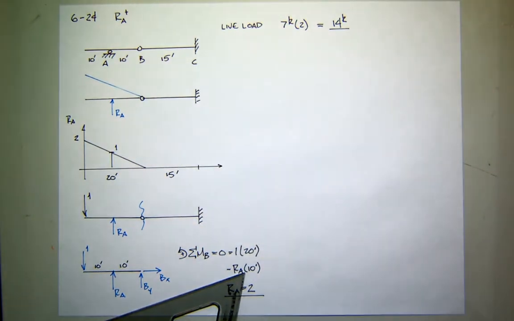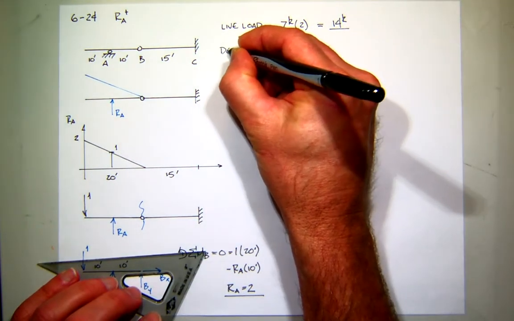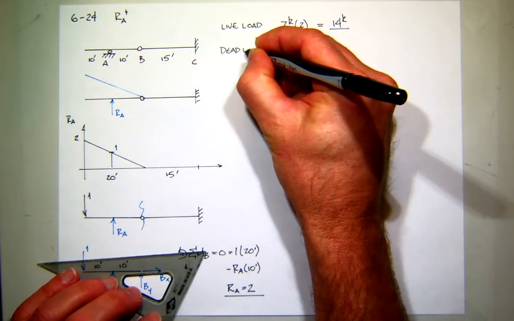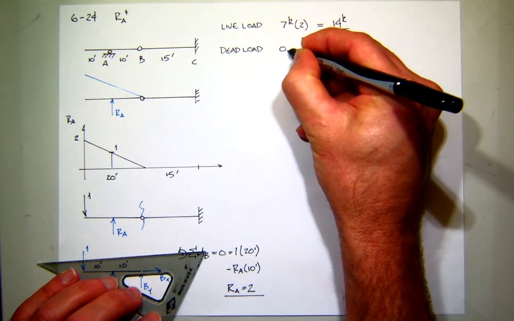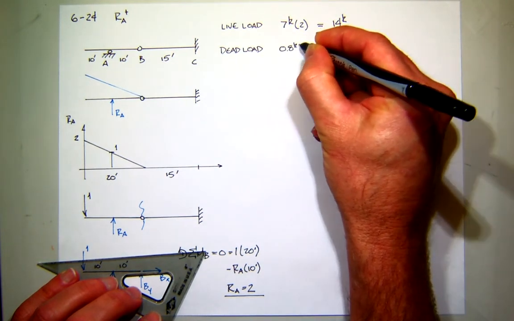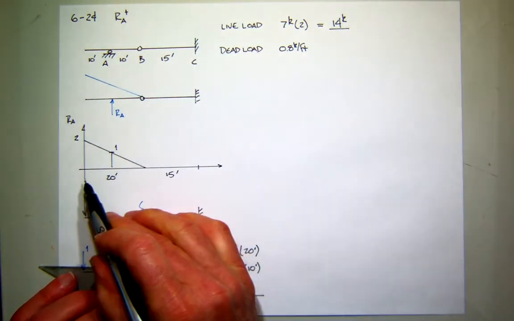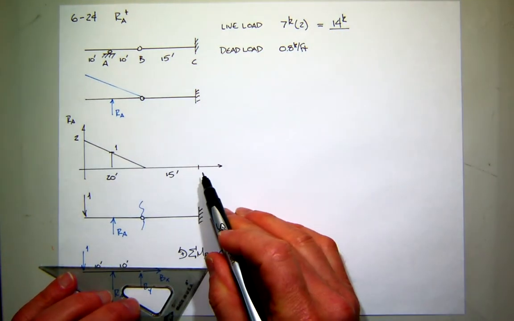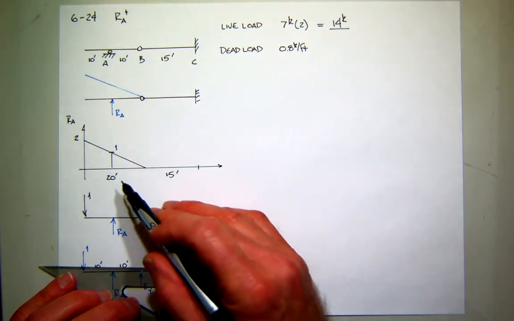Okay. The dead load in this problem is 800 pounds per foot. I'll go ahead and change that to 0.8 kips per foot. Now, dead load you have to put across the entire structure, so you would take the total area under the influence line, both positive and negative.